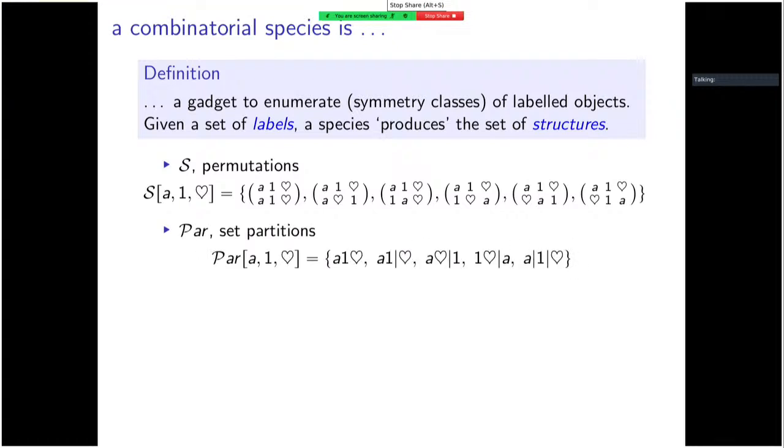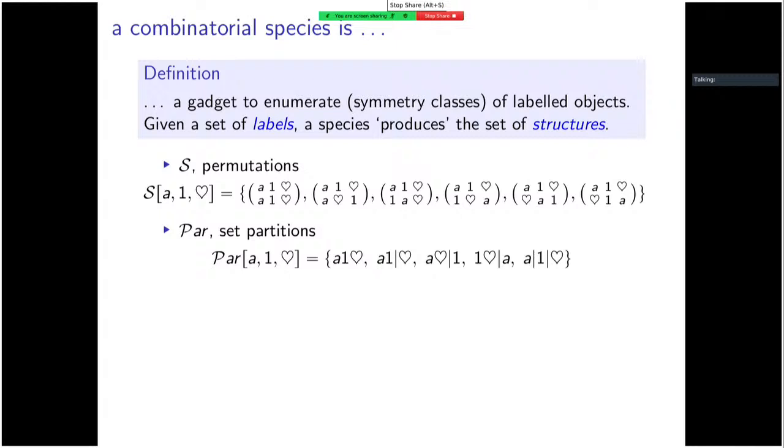So that's a perfectly good definition. Another example is the species of set partitions. The input is again a set of labels. The square brackets are there on purpose; you will see in a minute why. And the output are the partitions of this set into subsets.